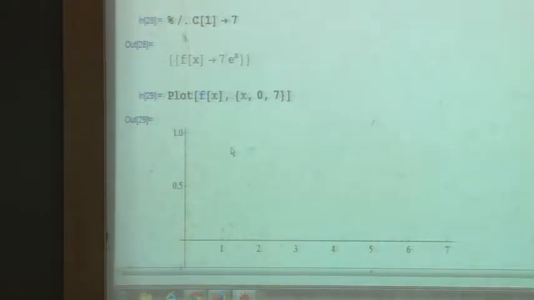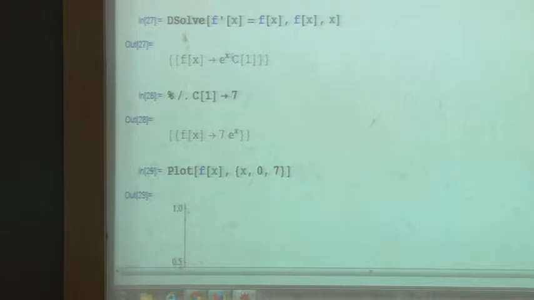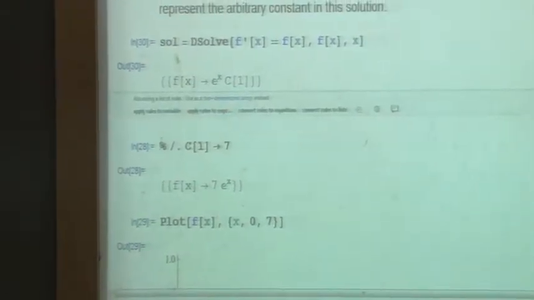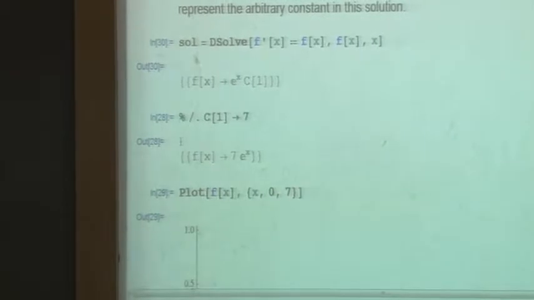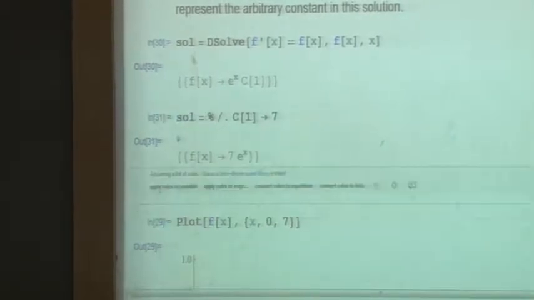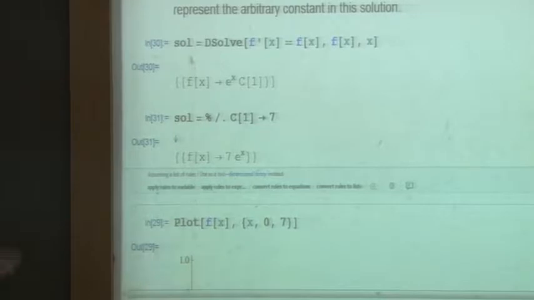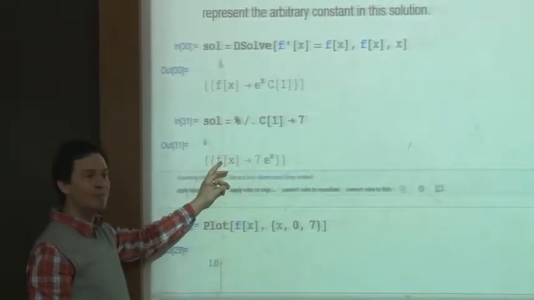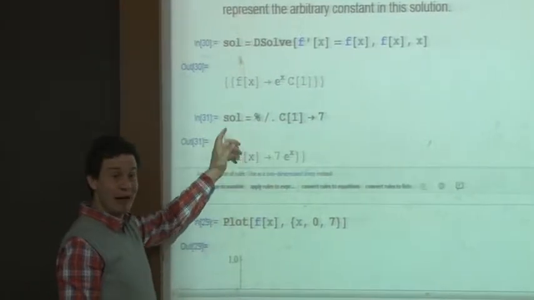So how do we fix that? The way we should fix that would be like this. So I put solve like this, right? And then I put solve again like this. So now I got this rule stored in this variable, the variable solve, right?